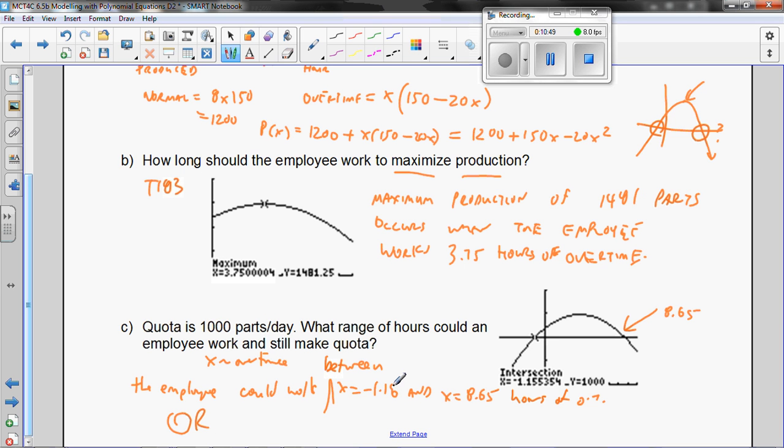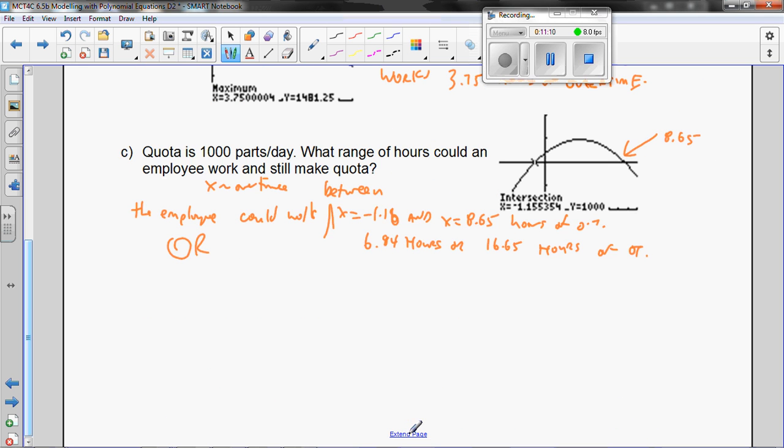Regular work days are 8 hours, right? That would be less than 8 hours, maybe 6.84 hours, or this is a wicked long day, 16.65 hours of overtime before they start not meeting quota.